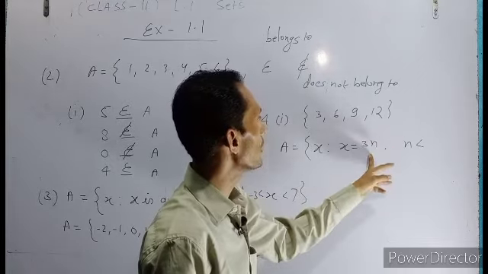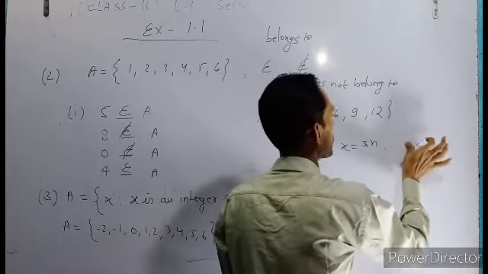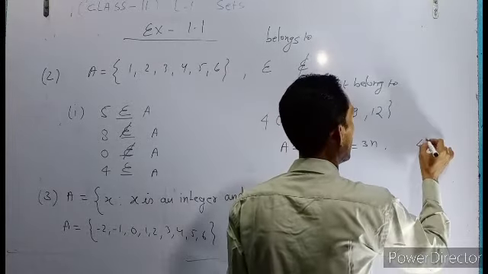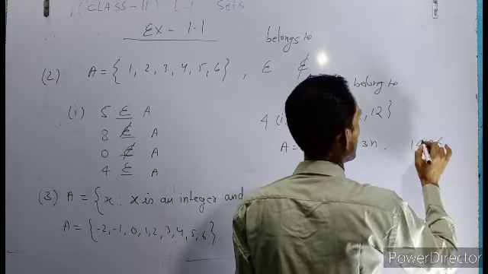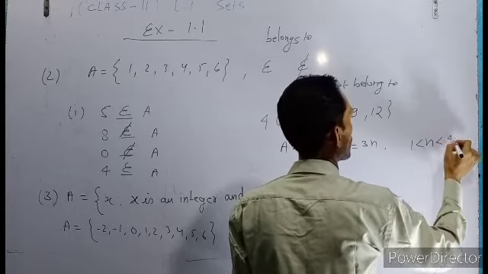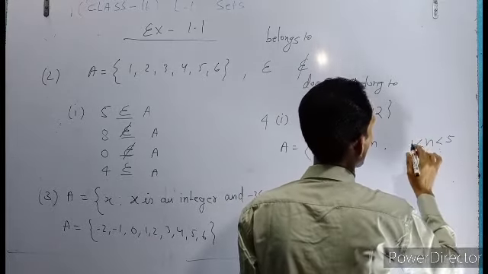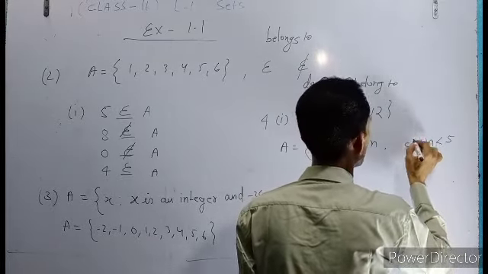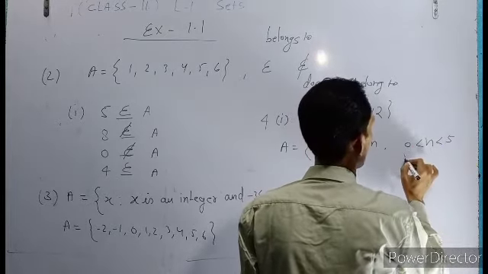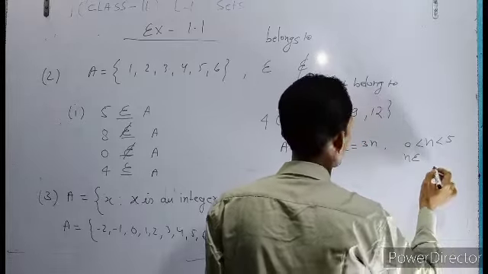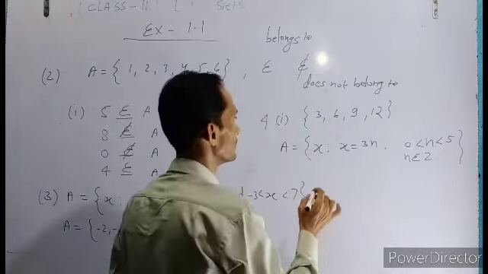So what is the value of n? n lies between 1 and 4, and n belongs to the integers, n belongs to Z.